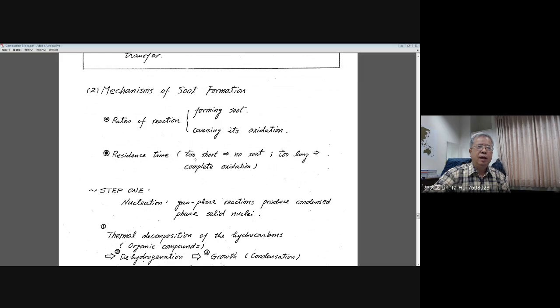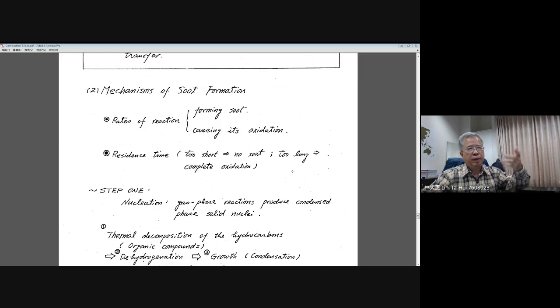The other one is, as I mentioned, there is some additional oxygen entrainment from outside. If the supply of oxygen is large enough, then even if a small amount of carbon atoms comes out, they immediately react with oxygen and finish. Then you will not have soot. And if you go further, for example with good mixing, and you have a soot particle.